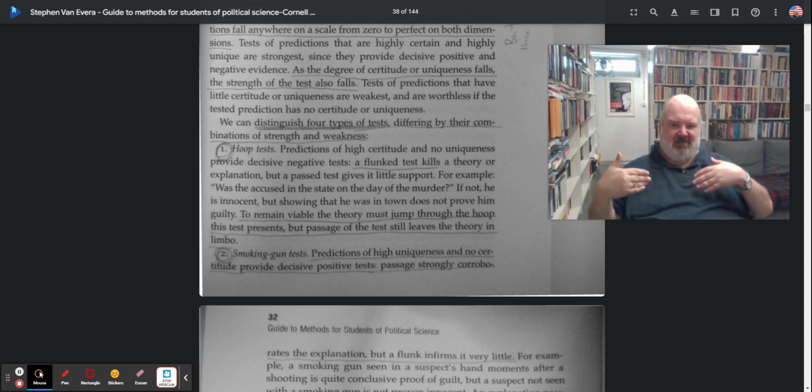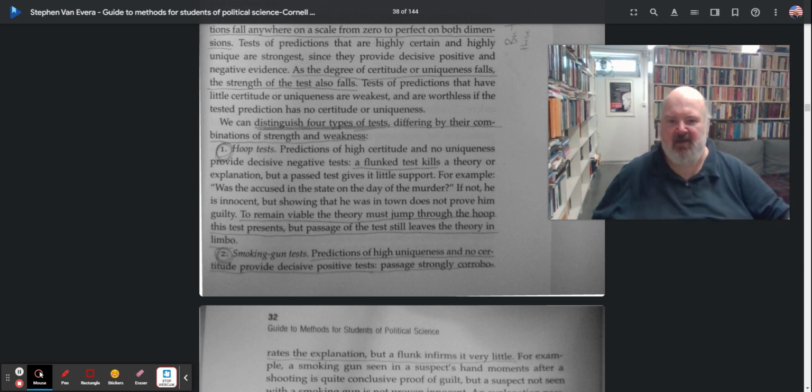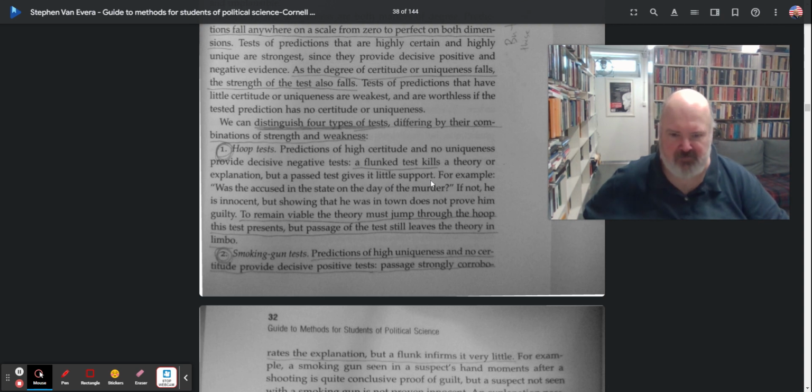But a hoop test is a negative test. If it fails, in other words, a flunk test kills a theory or an explanation, but a pass test gives little support for it. So it eliminates. This is elimination.